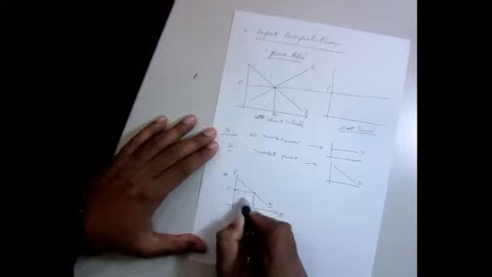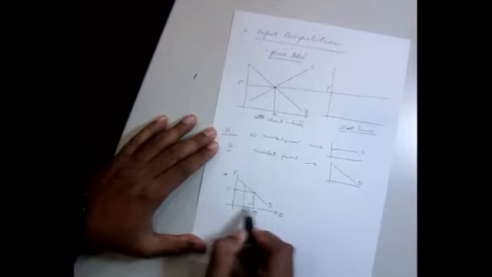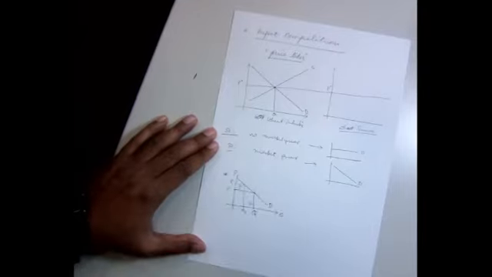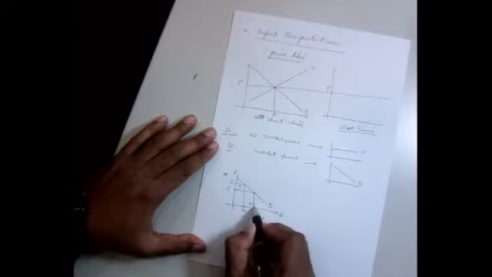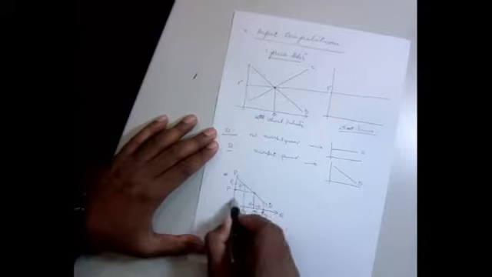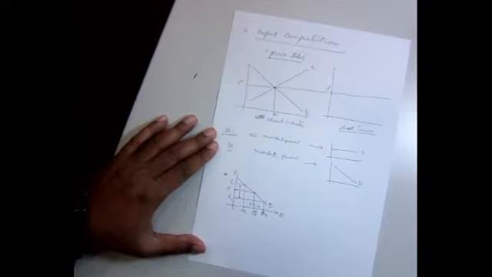As a result, that creates a scarcity that pushes up the price from P to P1. Clear? Or if I want to push down the price, I will increase production from Q to Q2, and you'll see that pushes down the price. So what does that mean?